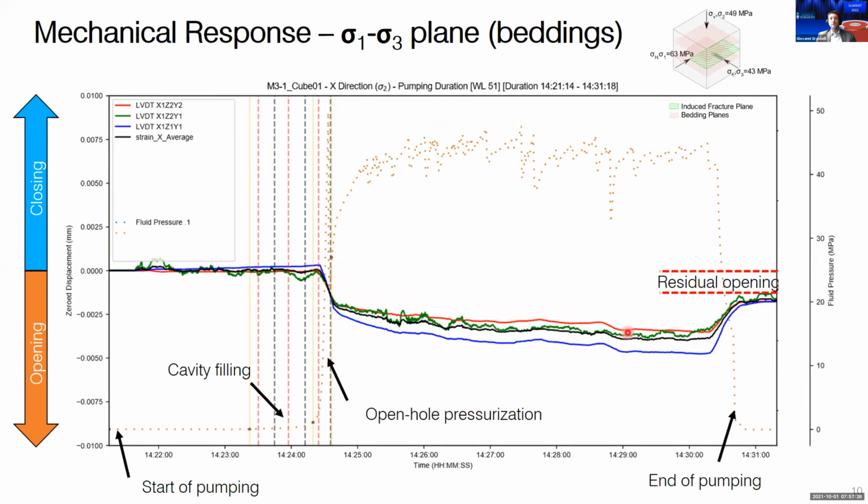All our displacement sensors were recording an opening, resulting in a residual opening at the end of the pumping. This was quite consistent with the observation at the fluid outlet, the sides where the water was coming out of the cube.